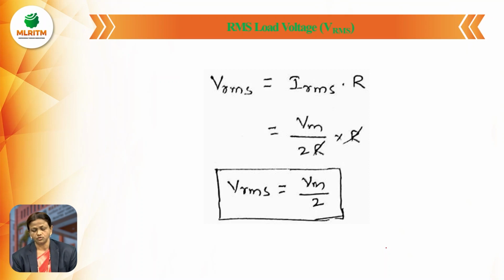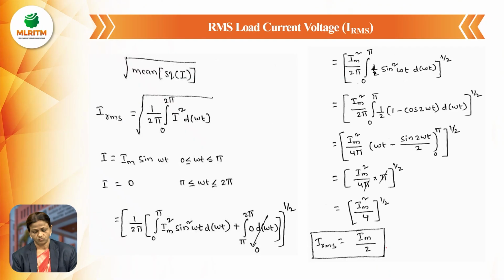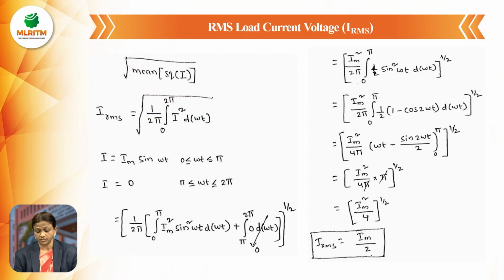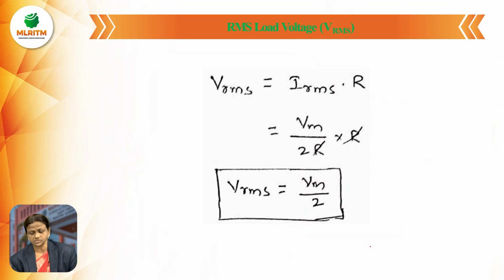What is the IRMS value? IRMS equals Im by 2. So VRMS is equal to IRMS multiplied with R.